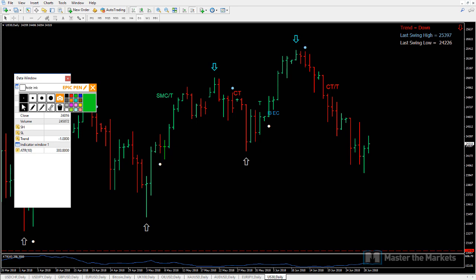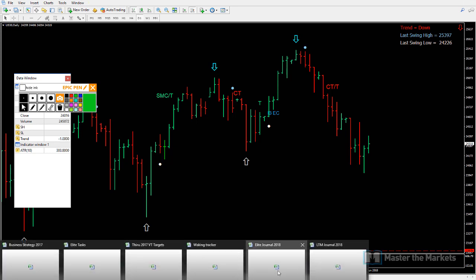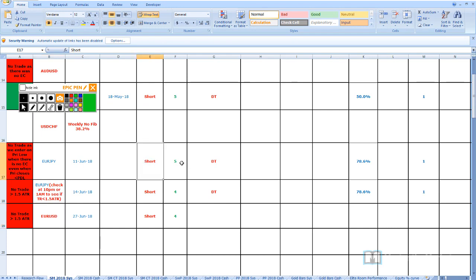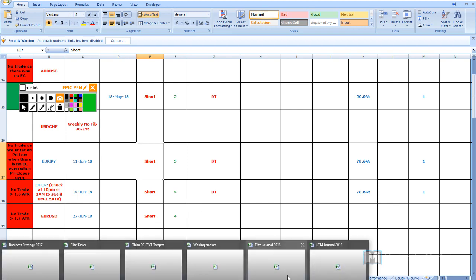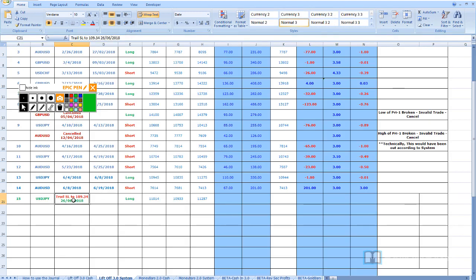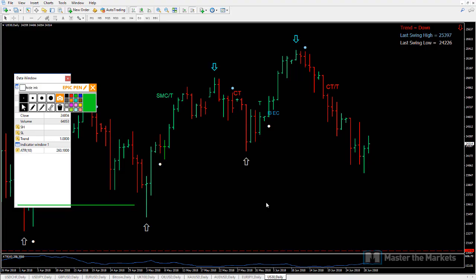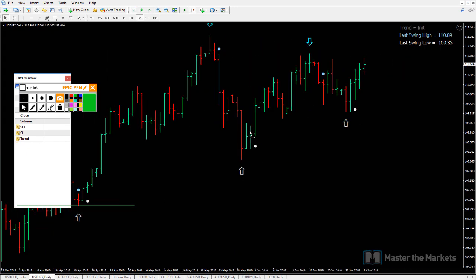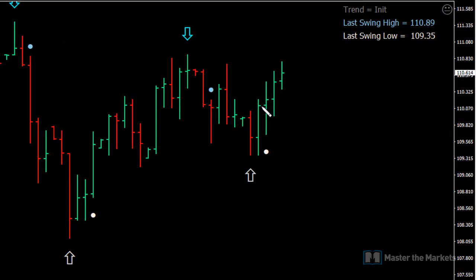Now coming back to our performance for the week. On the Elite Trading Systems, no trades at all have been taken, so it's pretty much flat at the moment for this week of June. In terms of the live trading room, we currently have an open position on dollar yen. As you can see over here, we're in a long position.